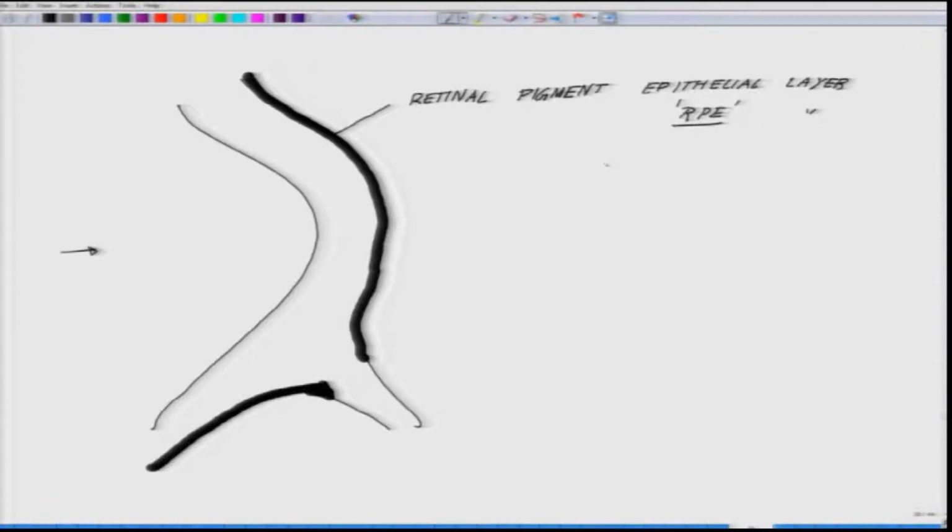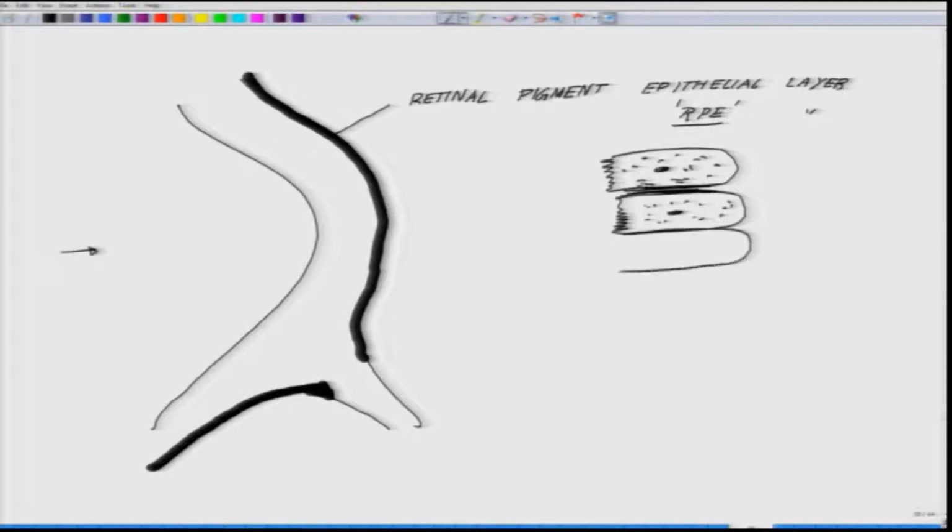There is a lot of pigmentation in these. They are dark, very heavily pigmented, and very, very tightly packed. You will not see a lot of gaps out here. Those who have dissected eyes from experimental animals know that this layer is very, very dark.